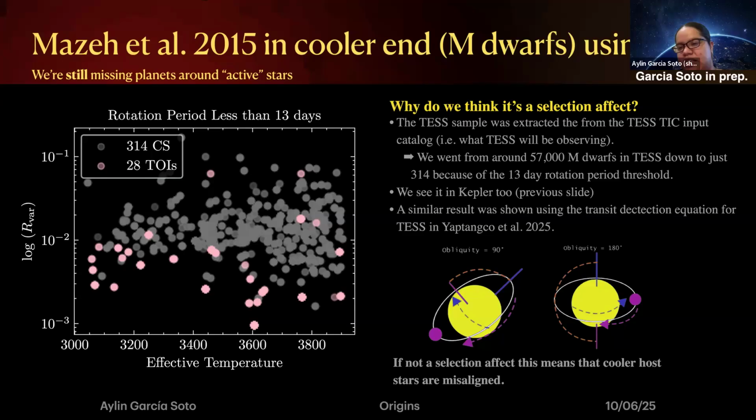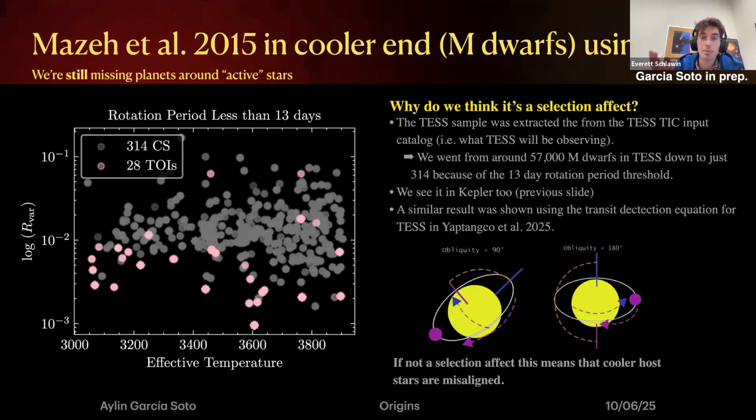The answer is yes. For us, no, because we need at least 50 planets in order to say for sure that this is a real result. So we're leaning into it being a selection effect because that's what this other paper found this year as well. And we have several data that shows that. Does that make sense?